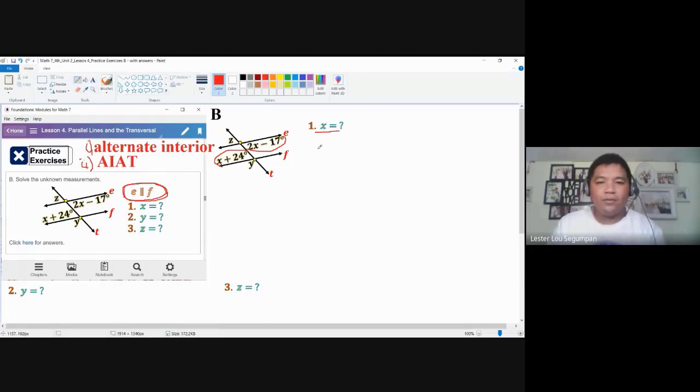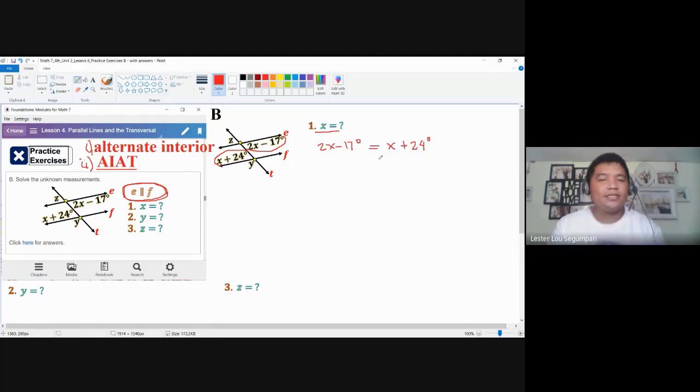So 2x minus 17 degrees is equal to the measurement of x plus 24 degrees. And how did we come up with this? Again, we came up with this using this theorem after we satisfied the type of angle pair formed by the transversal. And then definitely we do have a claim for parallelism here.